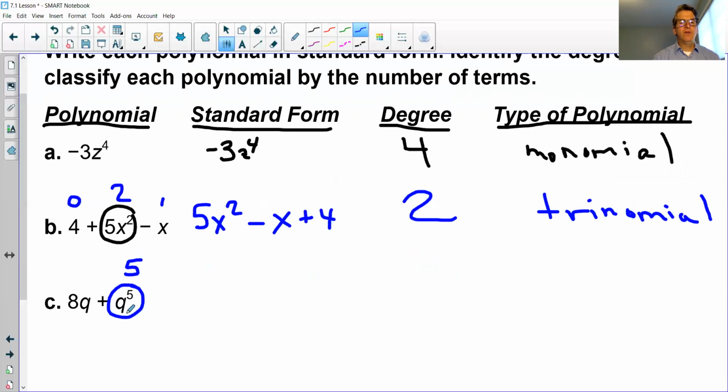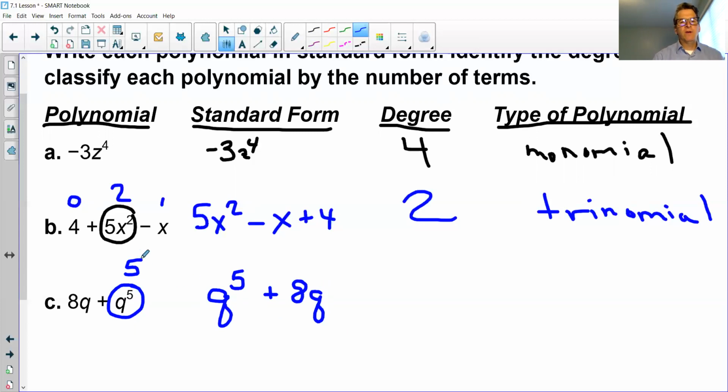Okay, so this q to the 5th will be first, plus 8q. Now, why is q to the 5th first?